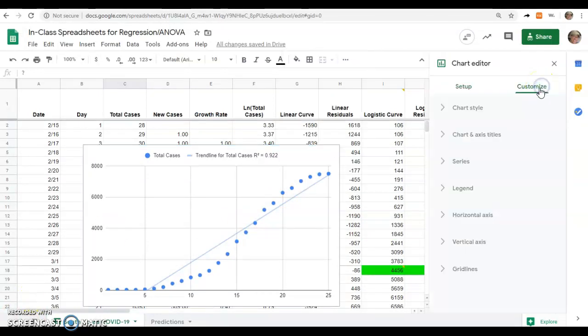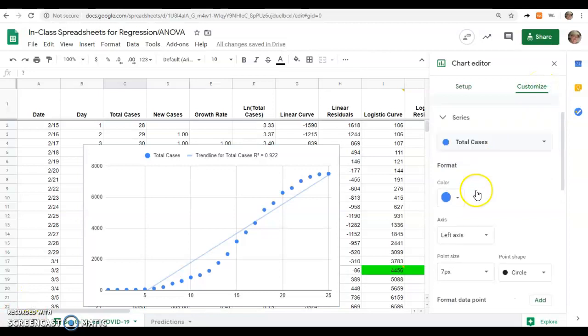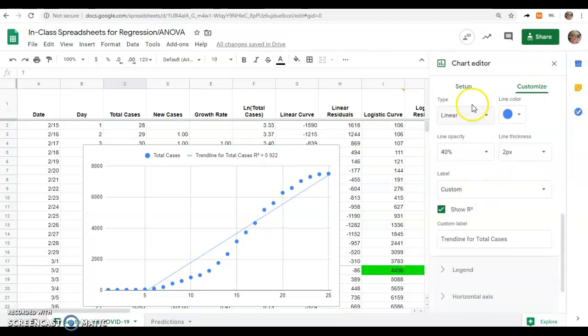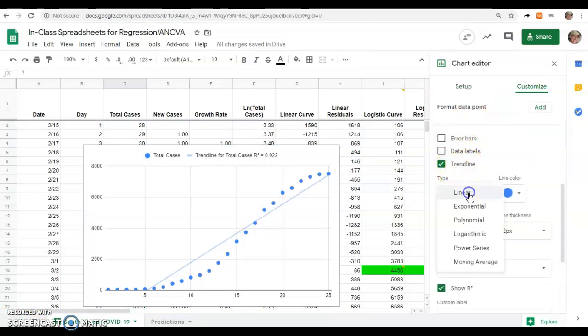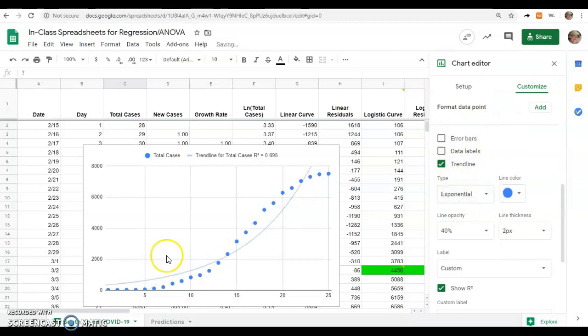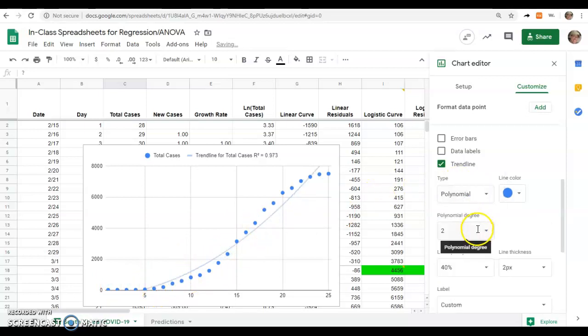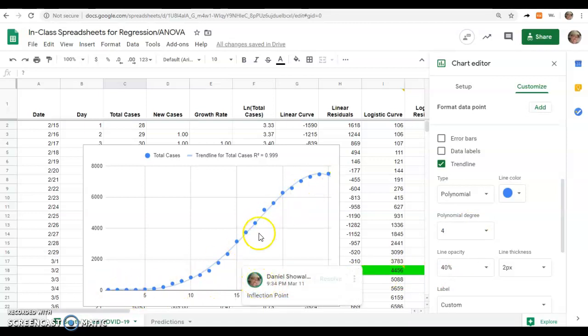So the next step would be to consider different models, and with this trend line option, we do have the option of doing something exponential, which, as we saw in that video, the exponential would fit that first part pretty nicely. Polynomial, if we increase the degree, we're going to start to get a pretty good fit. However, the polynomial is making some assumptions here.